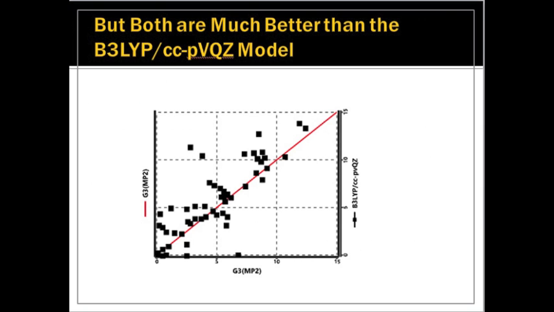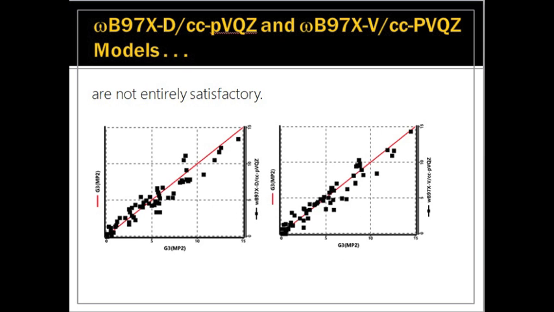Now, if you look at these relative to the functional that's commonly used, B3LYP, everyone's favorite, B3LYP is terrible. Here are the modern functionals. Here are two of them. They're not perfect, but they're clearly better than that.